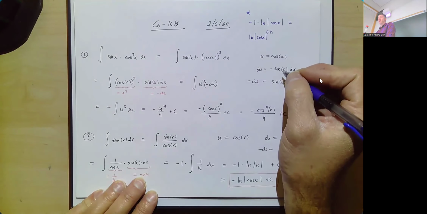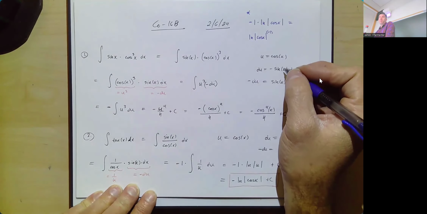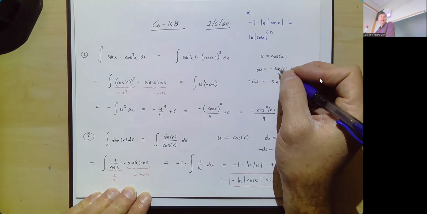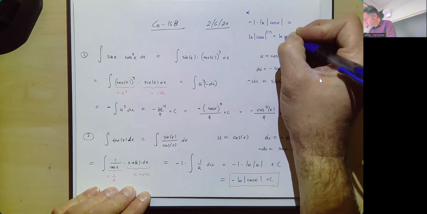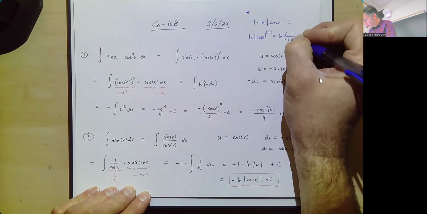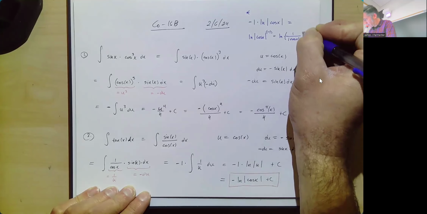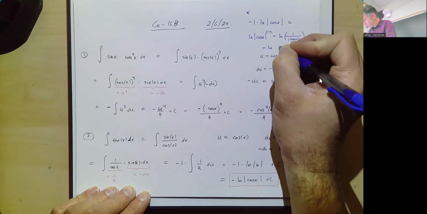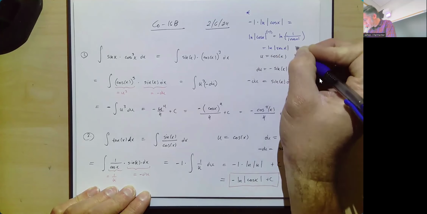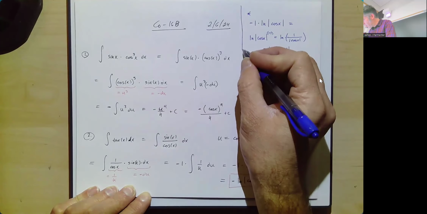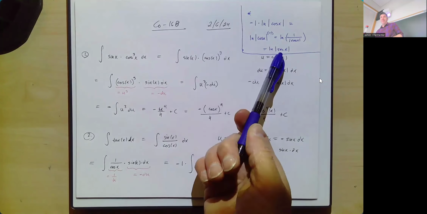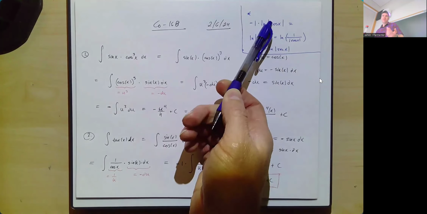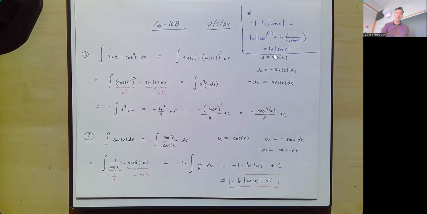But cosine to the -1, the reciprocal of cosine, is secant. So this is really the natural log of 1 over the absolute value of cosine of x, but that's the same as the natural log of the absolute value of secant of x. You don't need to know or do it one way versus the other. I'm just pointing out that sometimes people write it like that instead of like that. So just so you're aware.